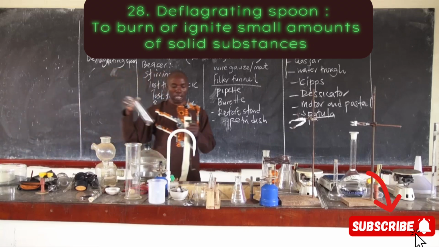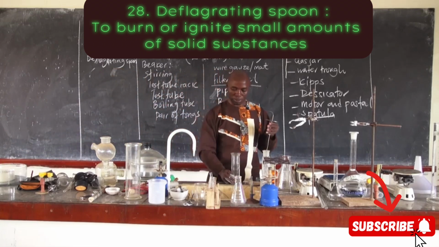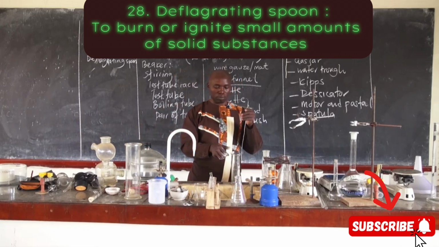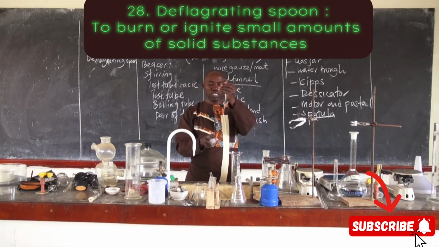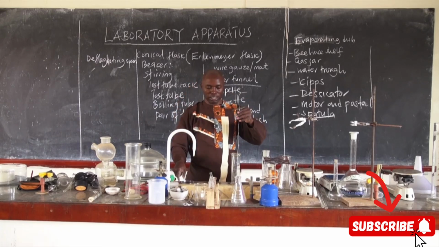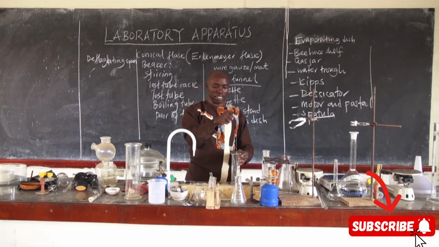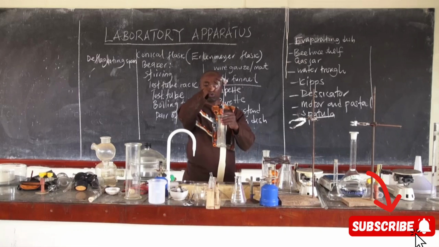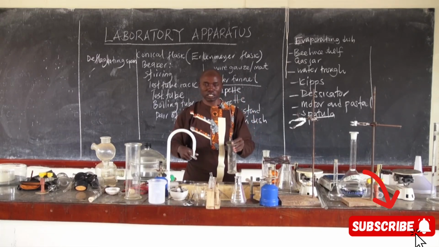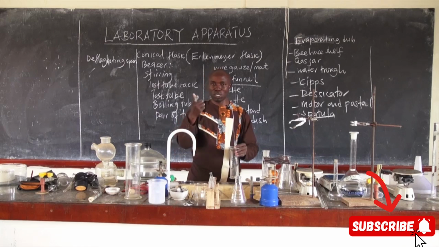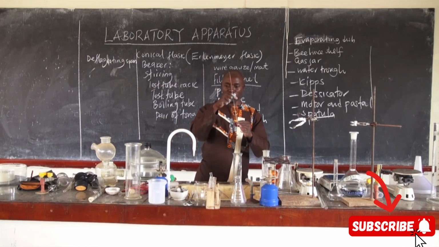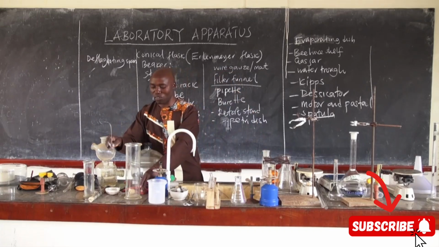So we would put our solid substance here, we heat it on the flame, then directly insert it into a gas jar containing the gas, then we would observe what will happen there. We can show it in another experiment for reactions of maybe elements with air. So this is called a deflagrating spoon.